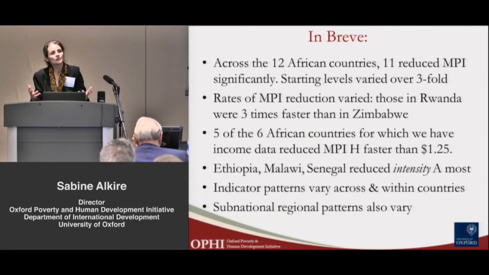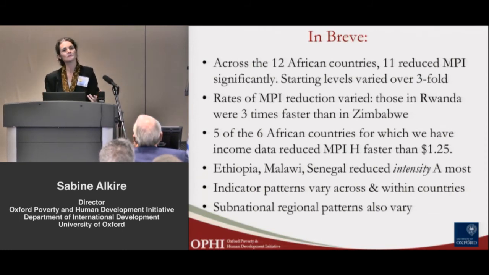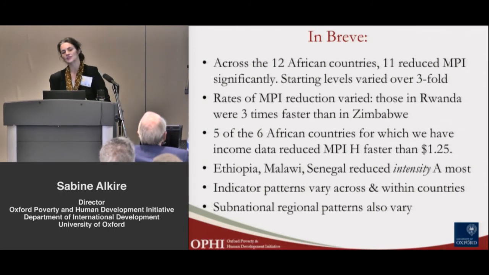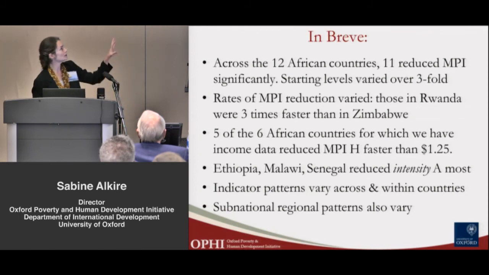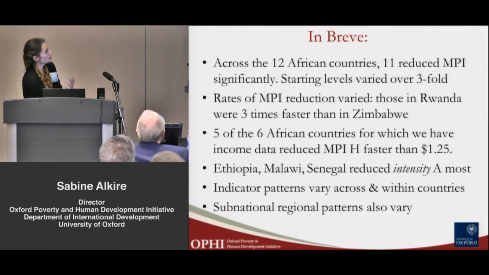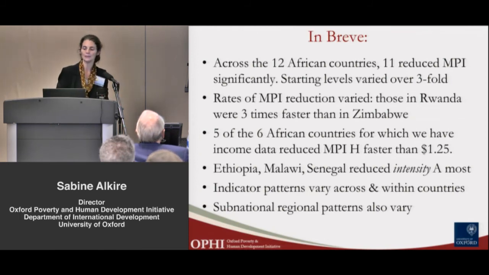So what I've tried to do is, in a sense, just give you a taster. You are the experts rather than me in what lies behind this work. But from a measurement perspective, using the very crude and admittedly flawed measures such as the MPI, we could see that across the African countries, all but Madagascar reduced MPI.